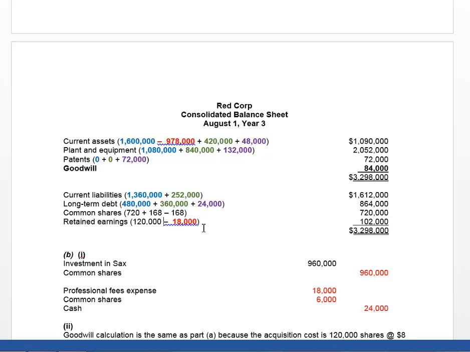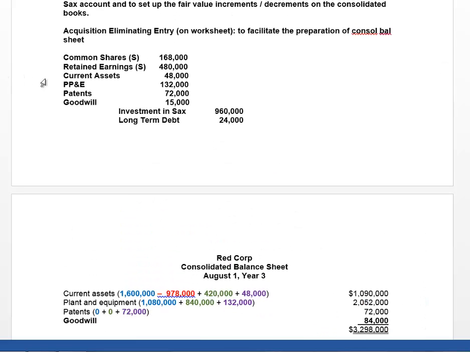Now, similarly here, let's deal with this 18,000 a bit later. I could add in here the retained earnings of the parent company, which I know are 120, and add in that of Saks, which is 480. But then don't forget, I also would have subtracted that 480,000 when I eliminated the retained earnings of Saks up here in the acquisition eliminating entry on the consolidated books.